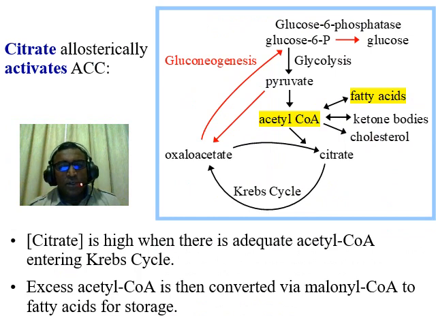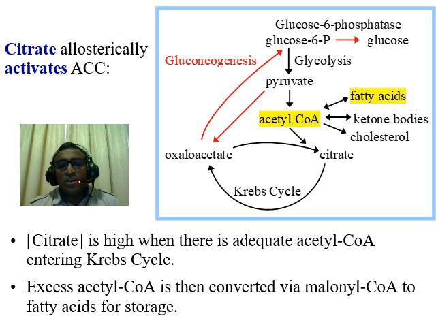This in turn describes the high levels of citrate, which is the intermediate of Krebs cycle. Its high level of citrate concentration is because of high level of acetyl coenzyme A. So since there is too much acetyl coenzyme A to go into Krebs cycle, since it's overburdening the Krebs cycle, what happens is the citrate will then activate ACC, and ACC will take up the acetyl coenzyme A to become fatty acid for storage instead.